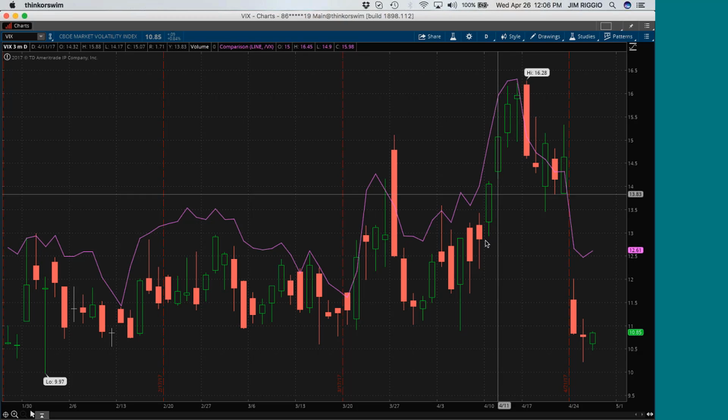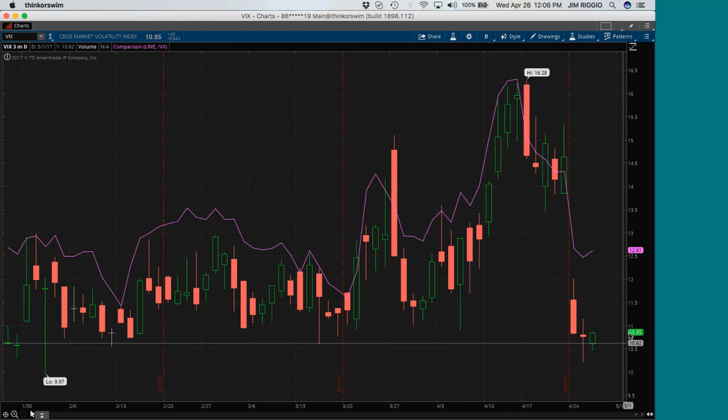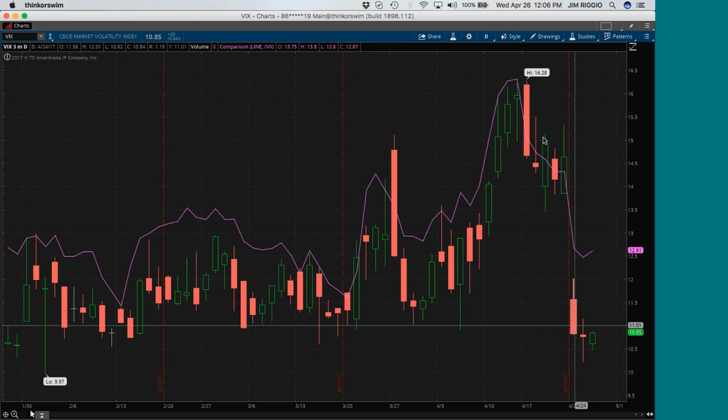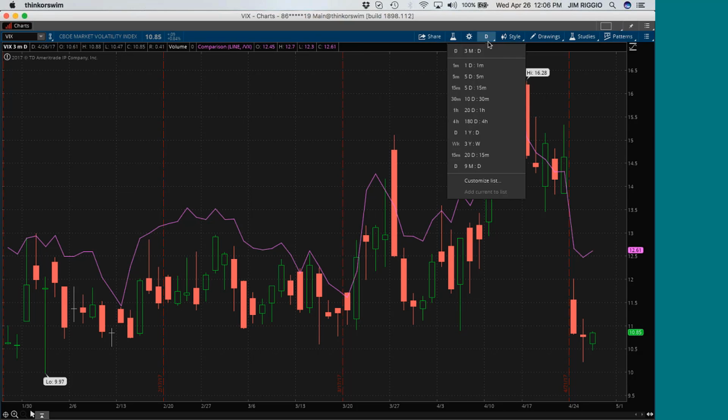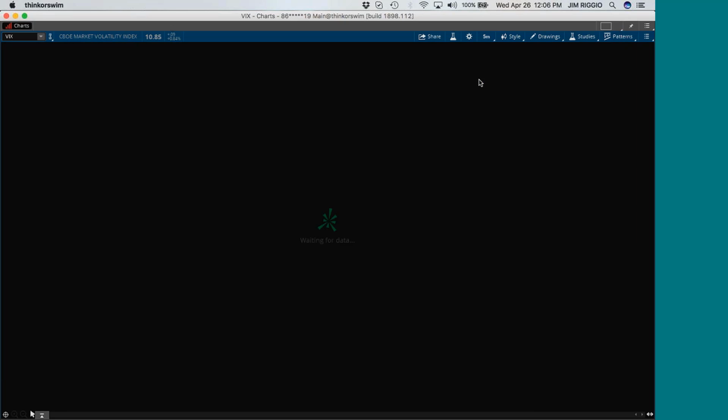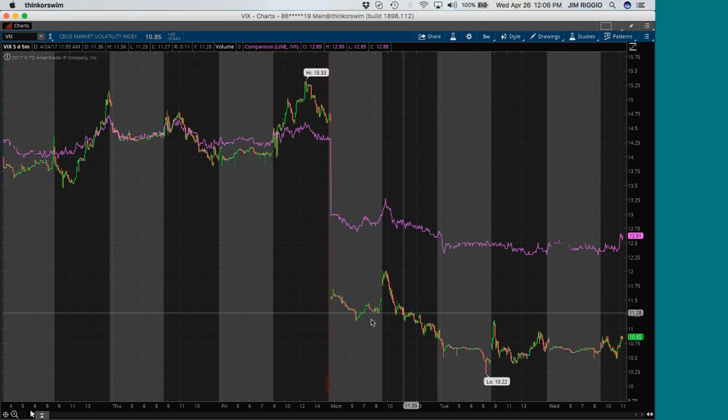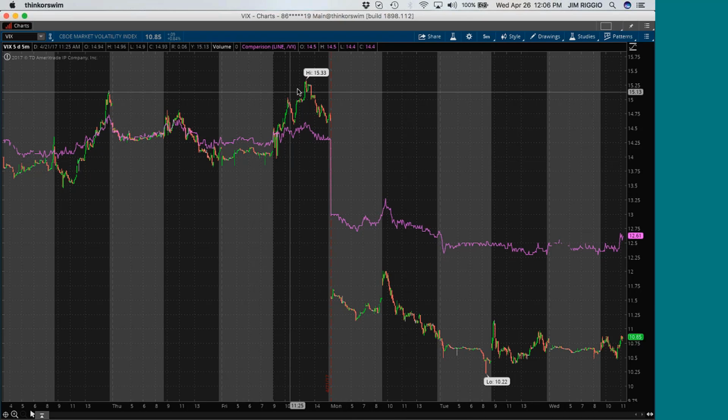The VIX is priced right here in green, right? This is what the plot price is on a daily basis. If I wanted to, instead of looking at this on a daily basis, I can plot this over the last 5 days and see what the options are dictating the price to be.